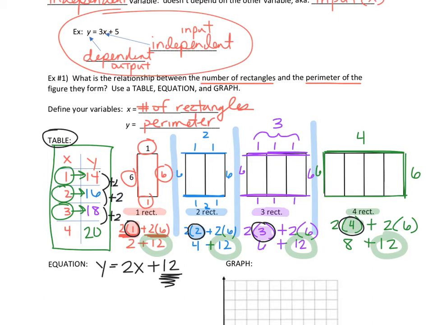Okay, so if we're jumping up by 2, if we went back 1 and made this a 0, what would this number be? 12. Have you seen a 12 recently? Yes. That was right here, right? So when you set this up, it's usually going to be in slope-intercept form, y equals something times x plus something or minus something, okay? That 12 is your constant.